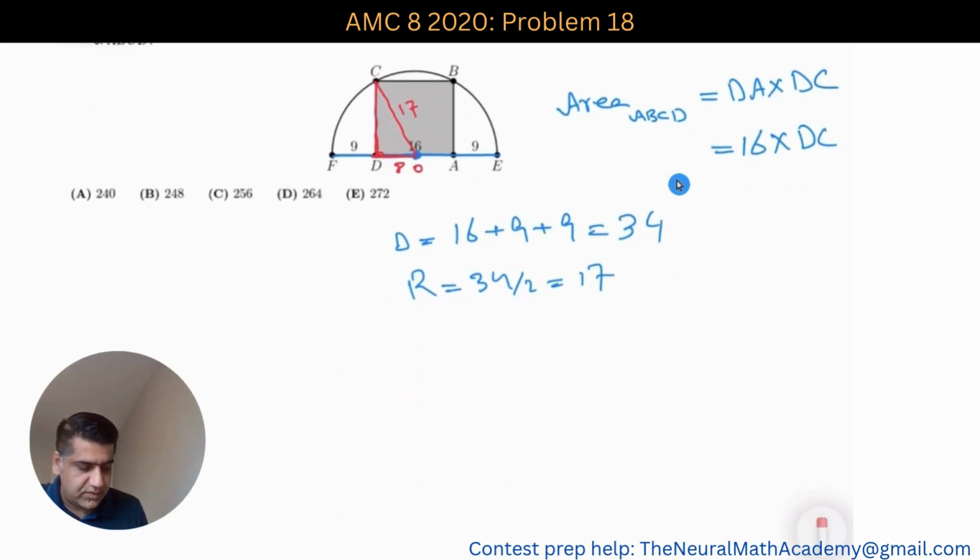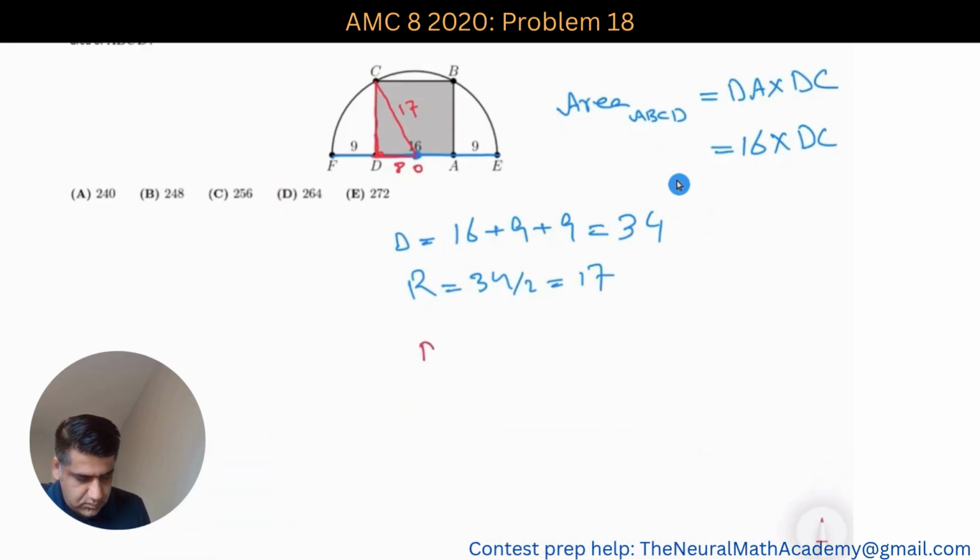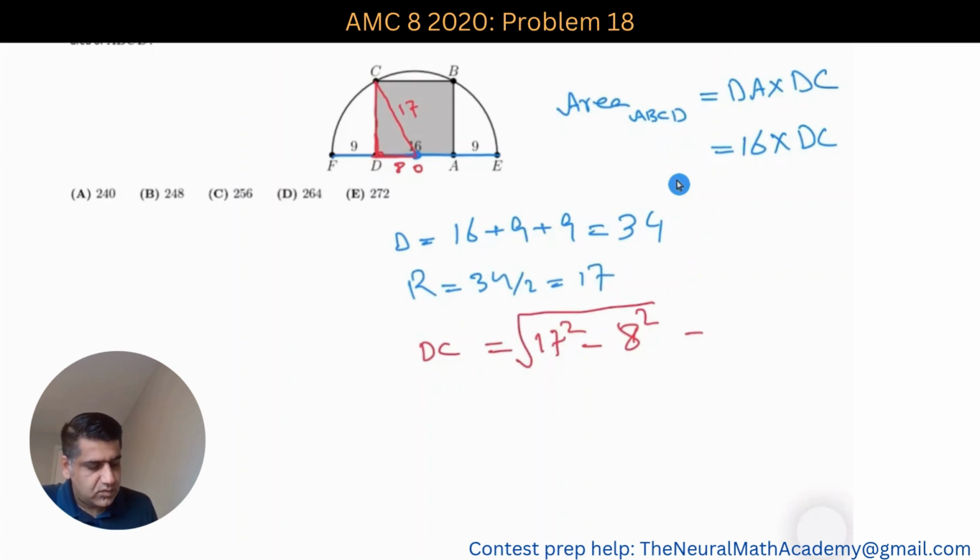So we can apply basically the Pythagoras theorem. So with that, DC is equal to the square root of 17 squared minus 8 squared.